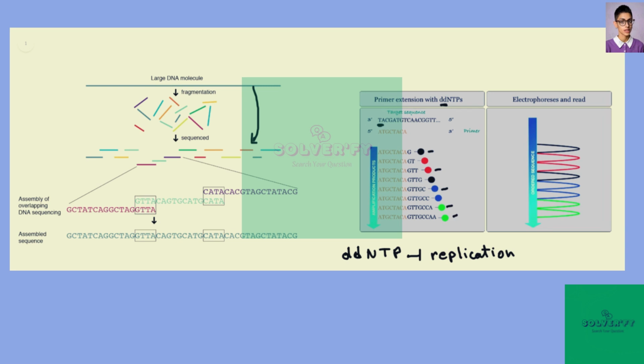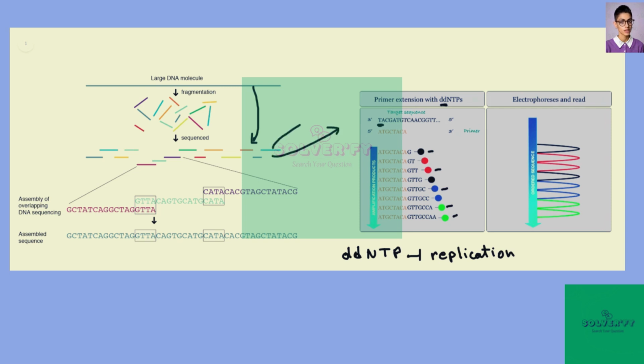So if it's two nucleotides long, well, you found out the first nucleotide by the one nucleotide length fragment, and now if the last residue of a two nucleotide long chain is T, then you know that the second residue is T. So then you do this for all of the fragments.